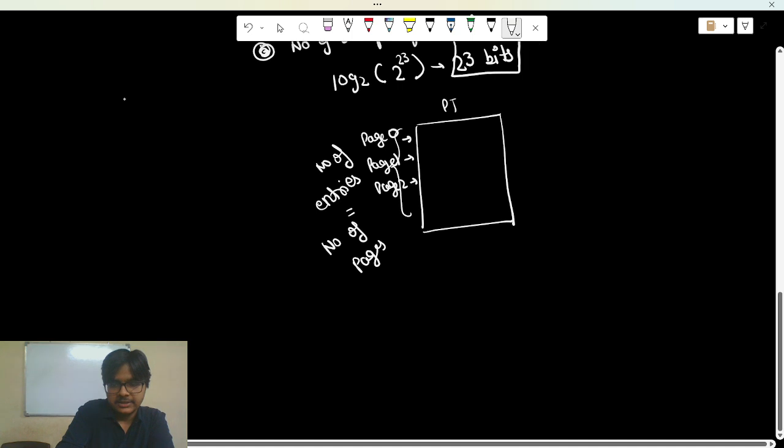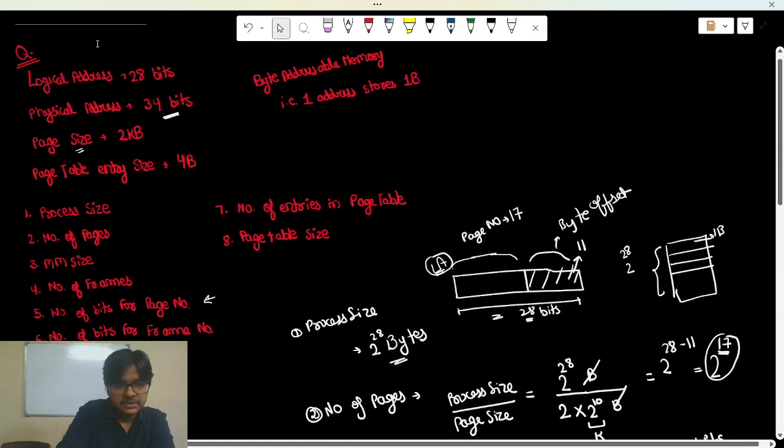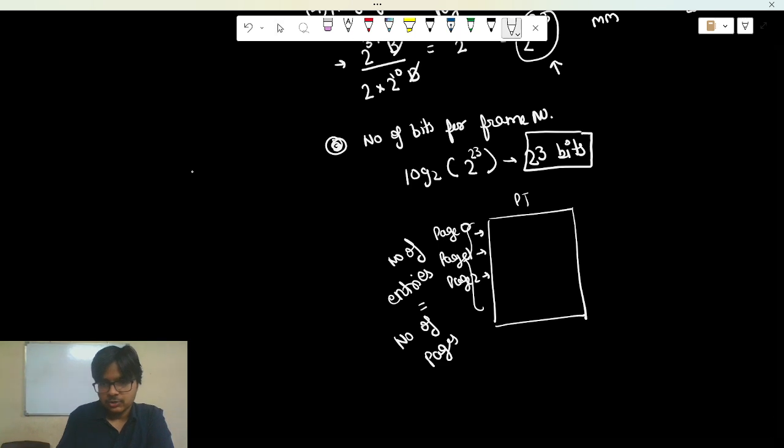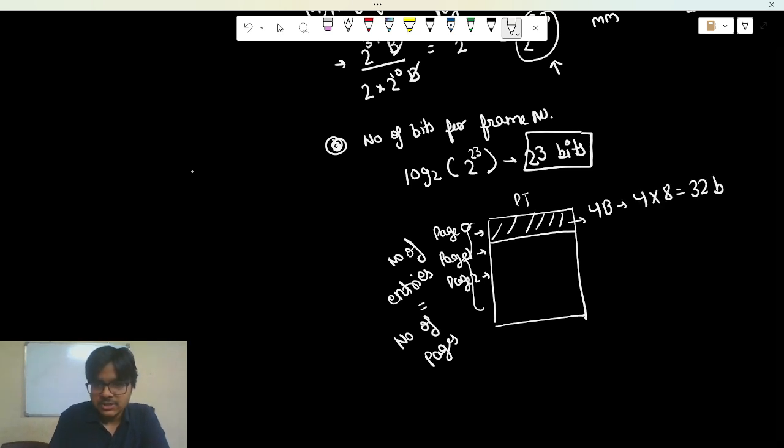Going above, you have 2^17 pages. And each page table entry size is 4 bytes. So to store the mapping for one page you would need 4 bytes, that means 4 times 8 is 32 bits. But as you can see, your frame number requires only 23 bits.